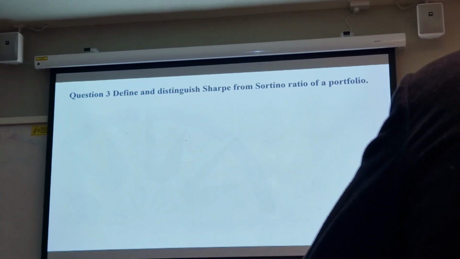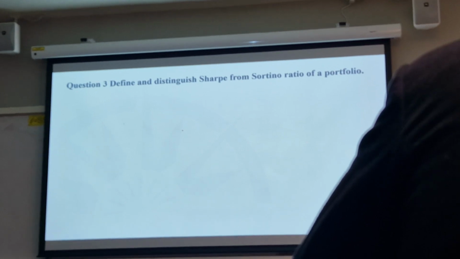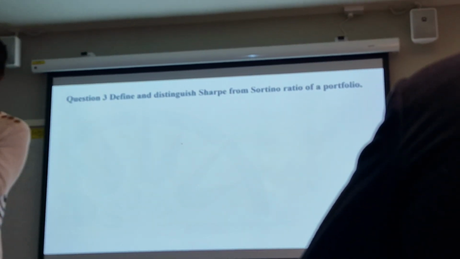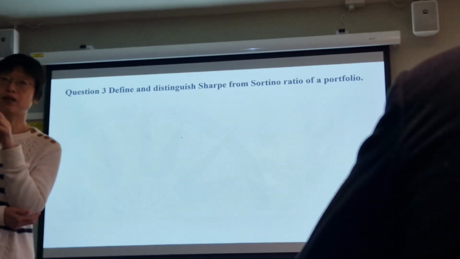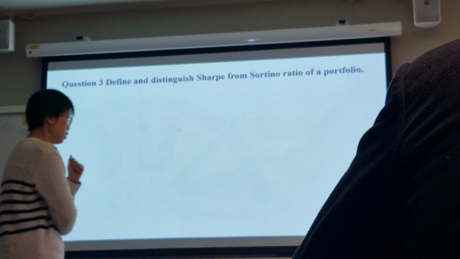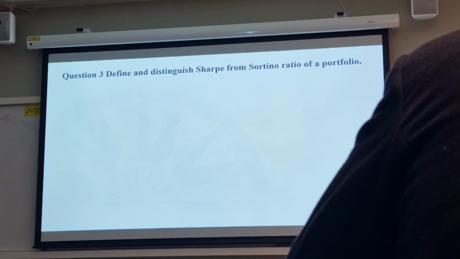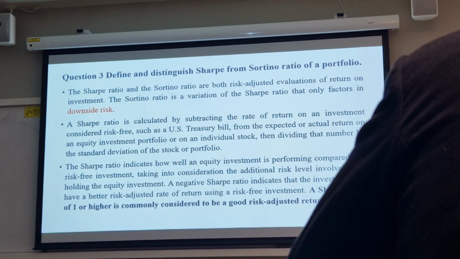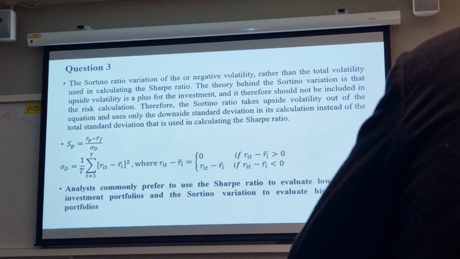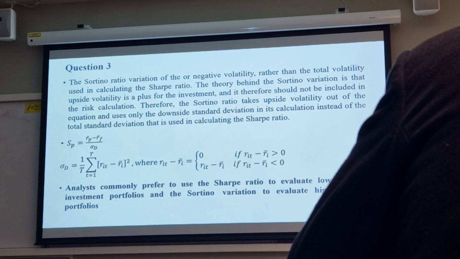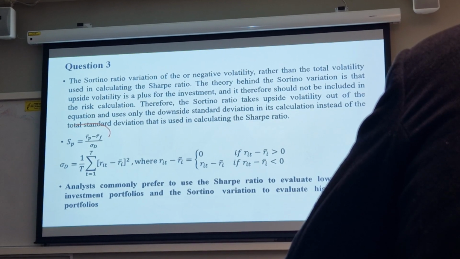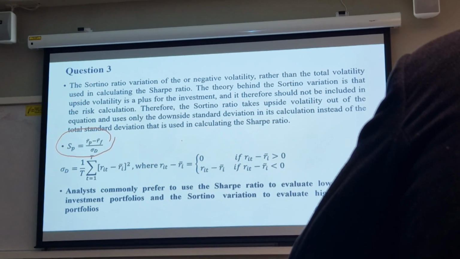The return could be above the mean return or below it. We only consider those parts below the mean return. And the denominator of the Sortino ratio is the target semi-deviation, that is the square root of target semi-variance, the downside risk.